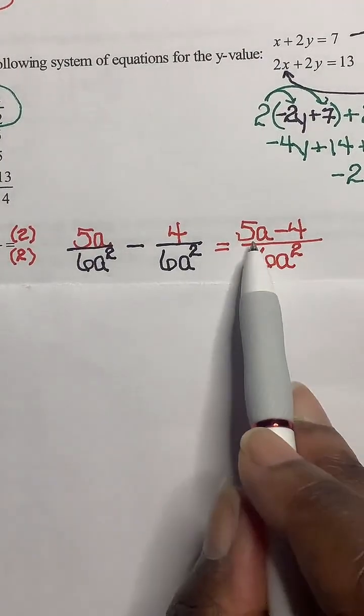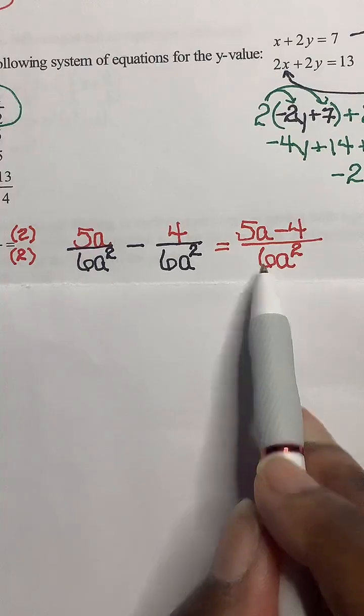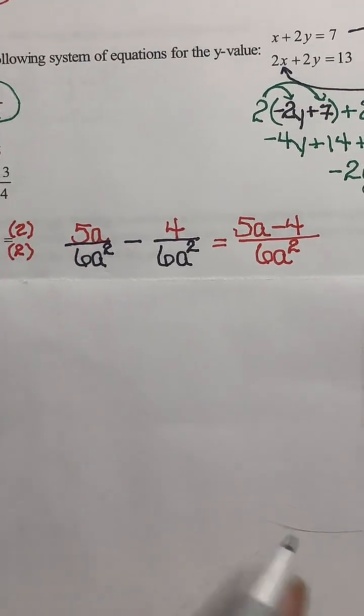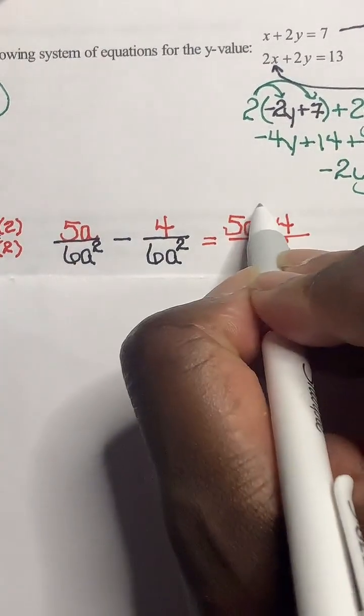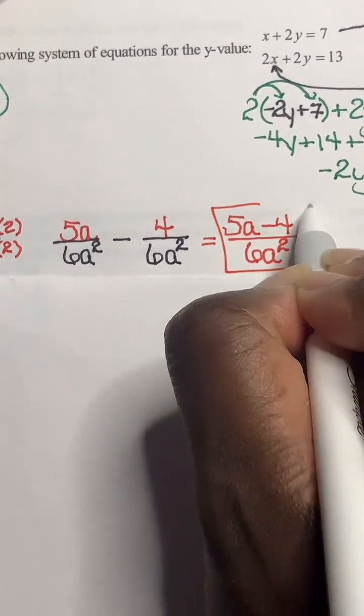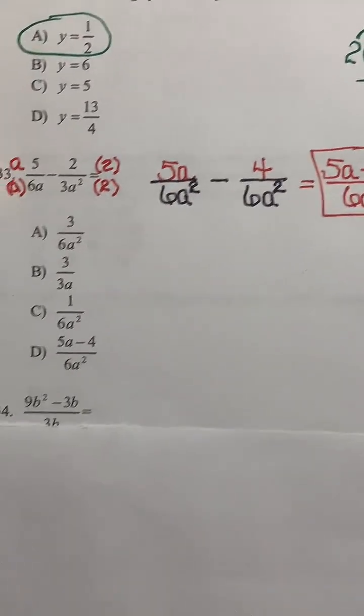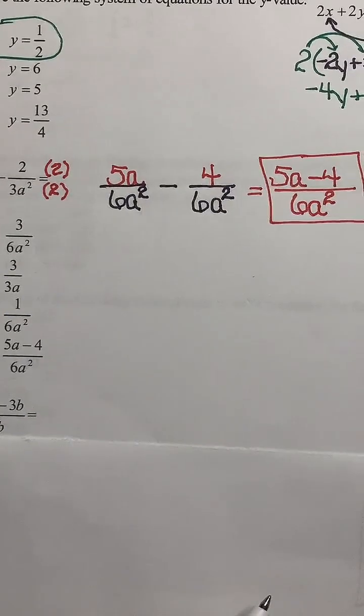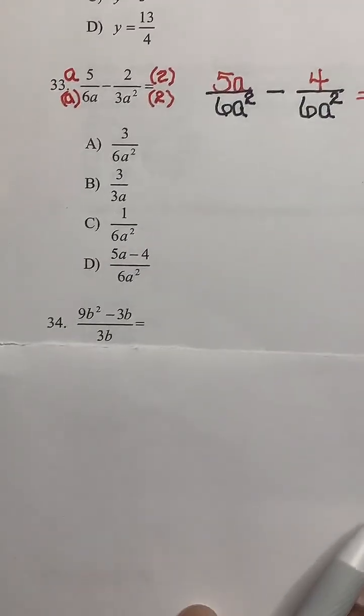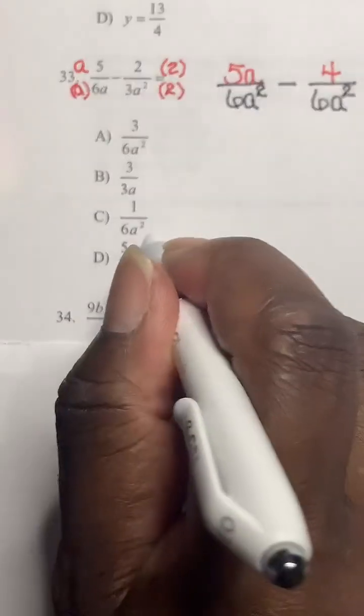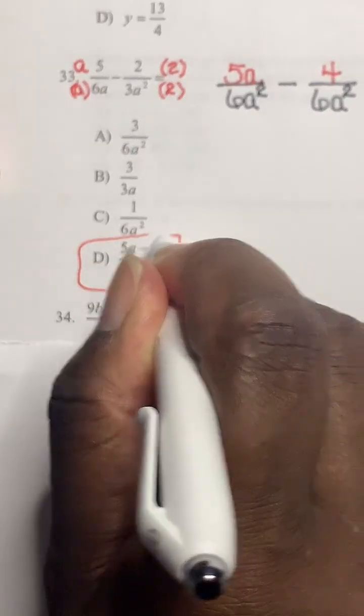There's nothing that 5, 4, and 6 have in common other than 1. So we can't do anything further to it. So this is your answer: 5a minus 4 over 6a squared.